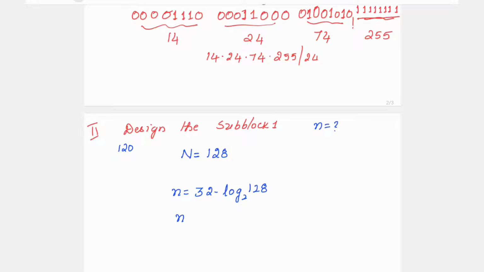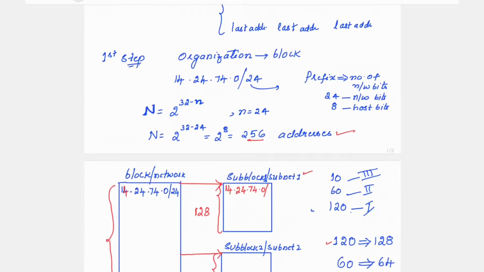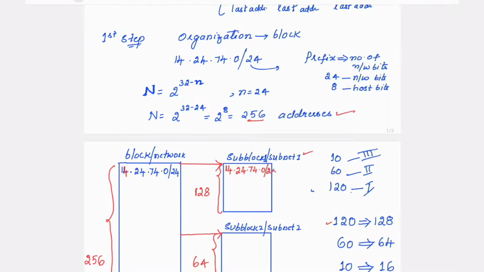The value for this will be 32 minus 7, because log to the base 2 of 128 is 7, and 32 minus 7 is 25. So the prefix value is 25. That is why you have to write down the prefix value as 25. The next number will be what?